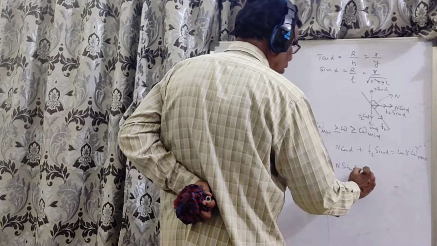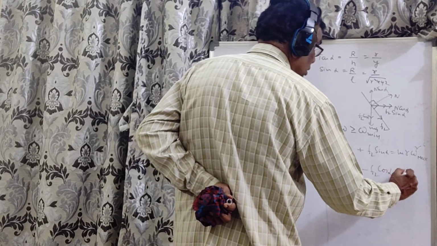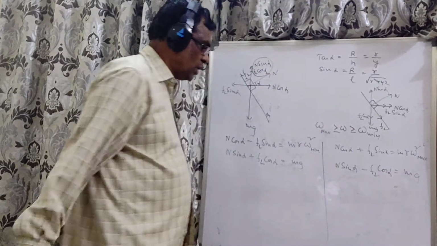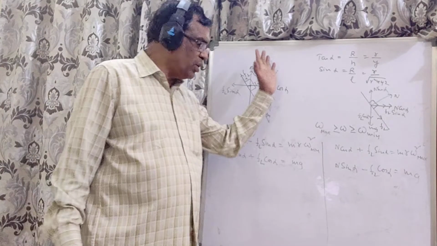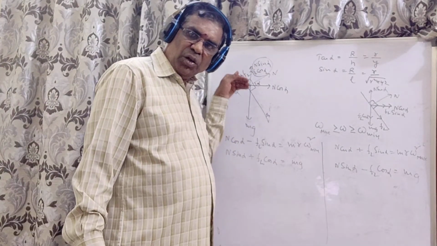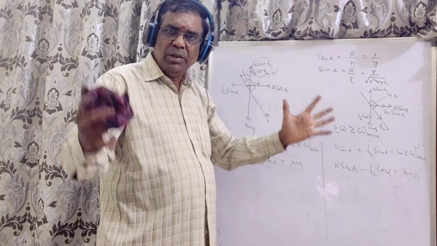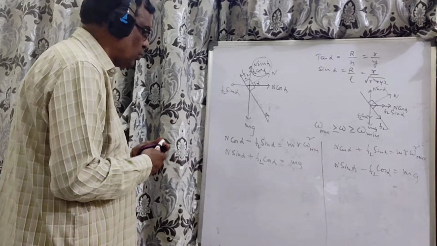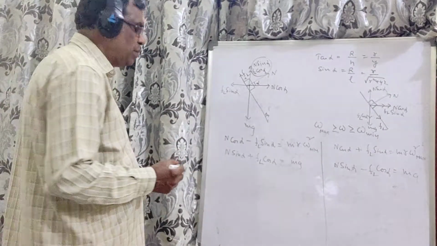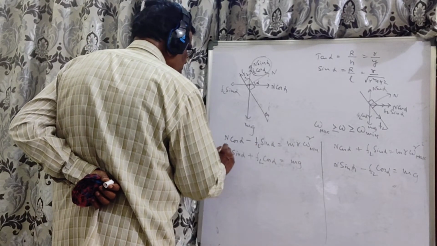N sin alpha minus FL cos alpha is equal to mg. Look at the difference. Simultaneously, I am getting a minimum for the body not to slip down, and a maximum for the body not to slip up. So you get a range of values. And now the rest, of course, is simple mathematical jugglery. Very easily we can do it.